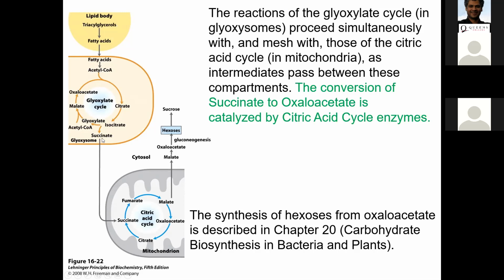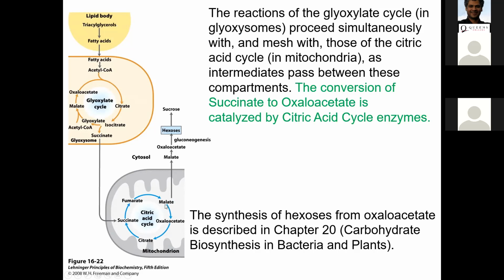Succinate will leave the glyoxysome and diffuse into the mitochondria, where you have the enzymes that can take succinate and convert that to fumarate, then to malate, and then convert malate to oxaloacetate. Remember the recurring reactions number 6, 7, 8, those are the reactions. So in mitochondria, you can do that.